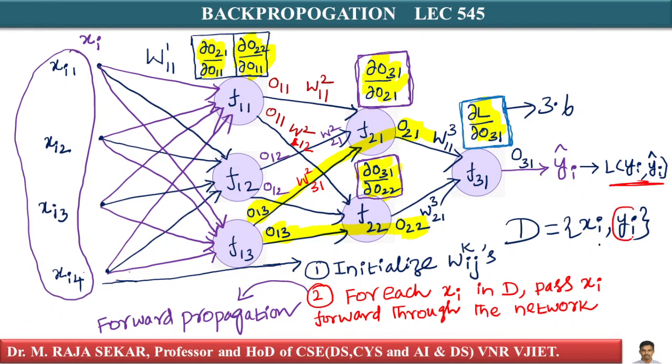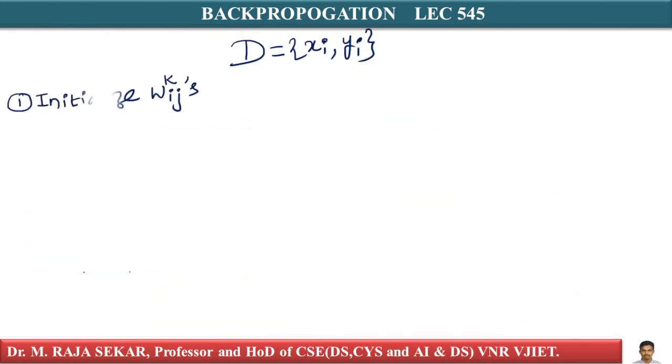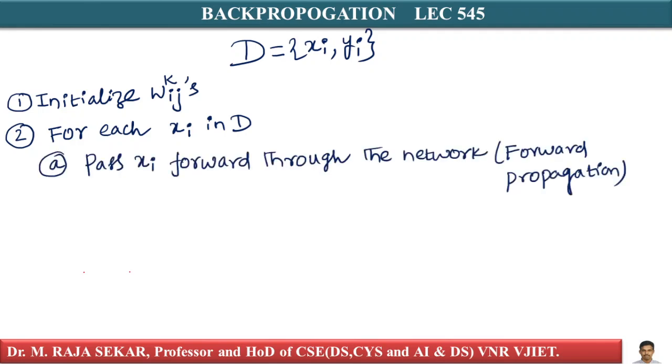Where am I getting yi from? From the data set D. As I told you, we are sending xi as input to this network. This is the initialization of weights, and for each xi in D, pass xi forward through the network.